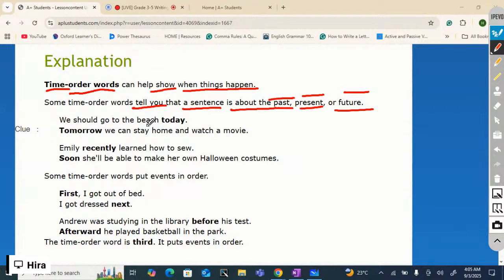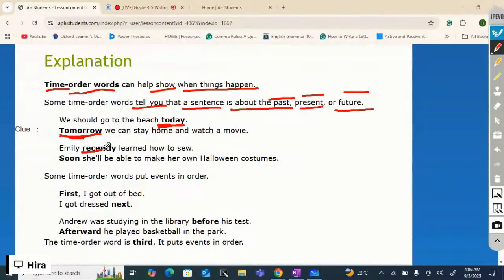We should go to the beach today. So this word tells you about when things happen. Tomorrow we can stay home and watch a movie. Again, tomorrow is a time order word which shows when things happen.